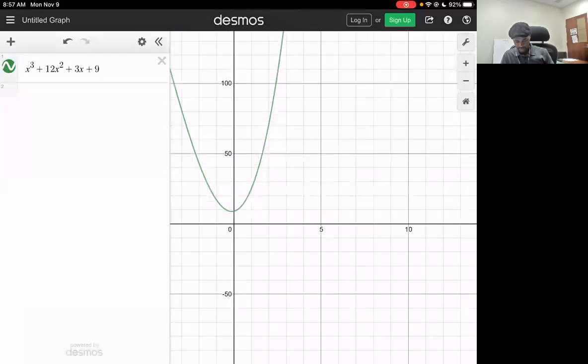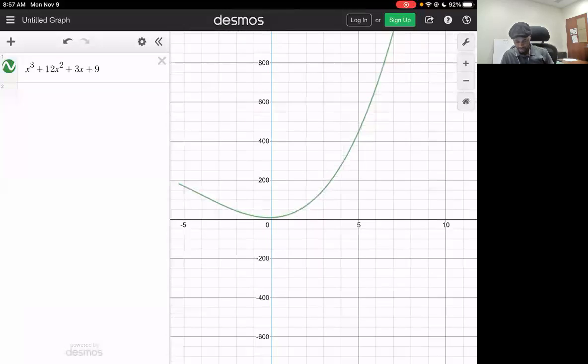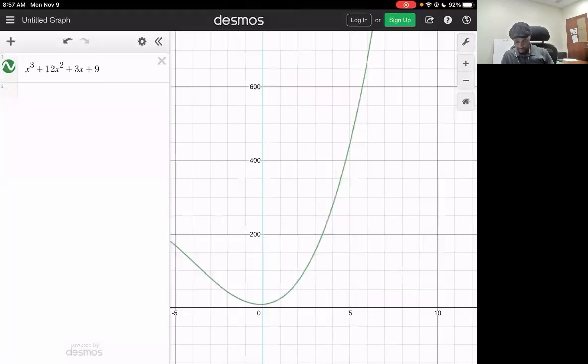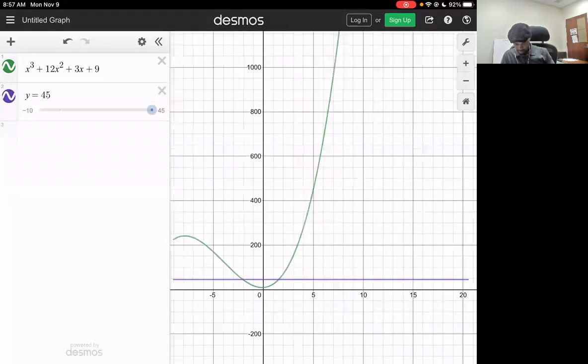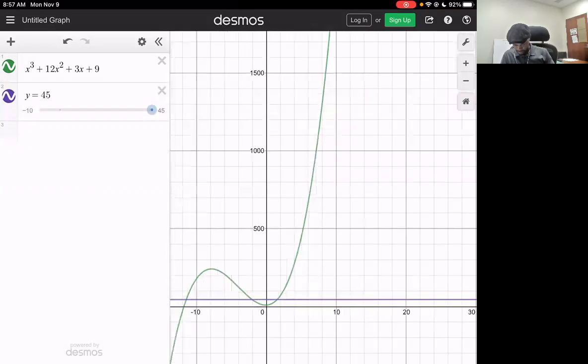There's my graph. And then I want to put an intersection where y equals 45.